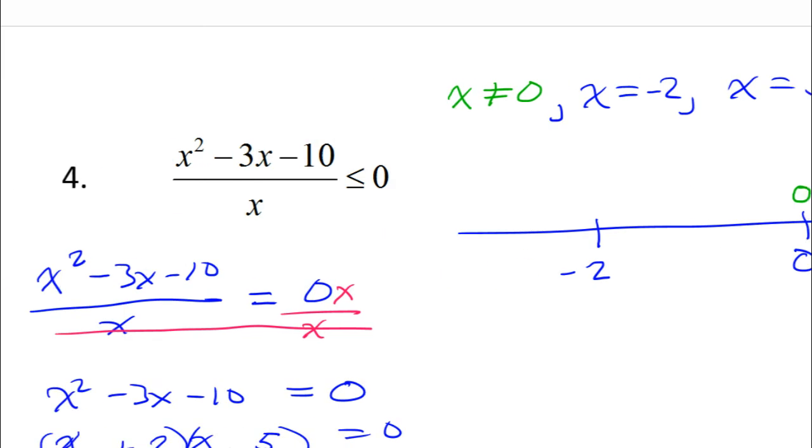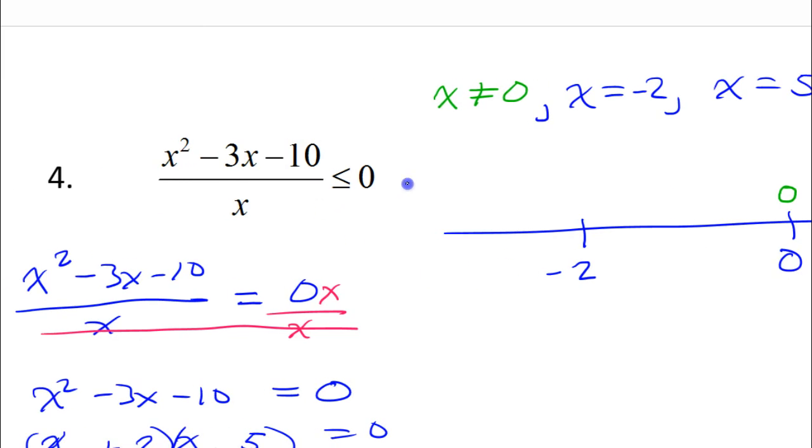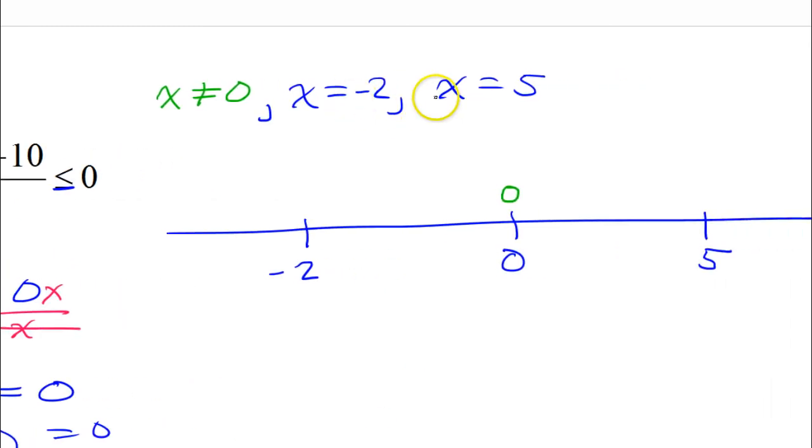We're going to include these solutions because we want the values that cause the function to be equal to 0, because that's what this means, less than or equal to 0. These are the values where the function is equal to 0, because that's what we did. We set it equal to 0 and solved. So these will be closed circles to show that these will be included in the solution set.